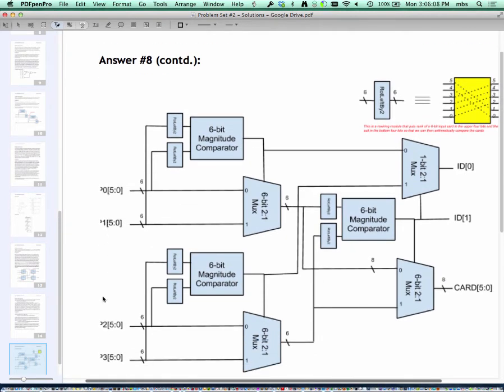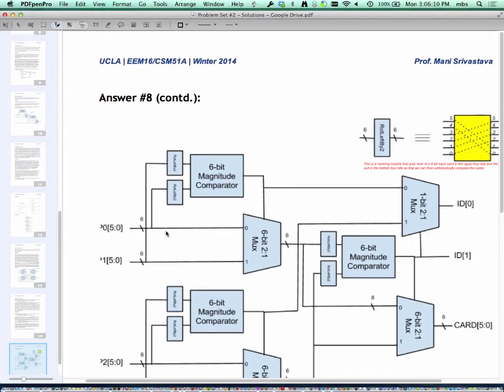We have P0, P1, P2, P3 out here. So what I do is I take P0 and P1, and I modified the circuit from the lecture where instead of feeding them into the magnitude comparator straight away, I feed them after I do that rotate by 2. So this rotate by 2 is now going to give me which card is the winner among these two, P0 and P1.